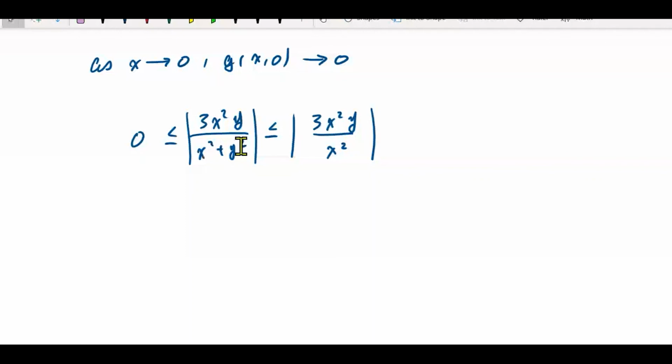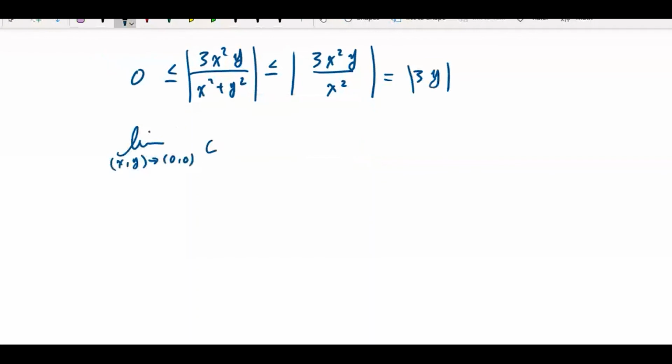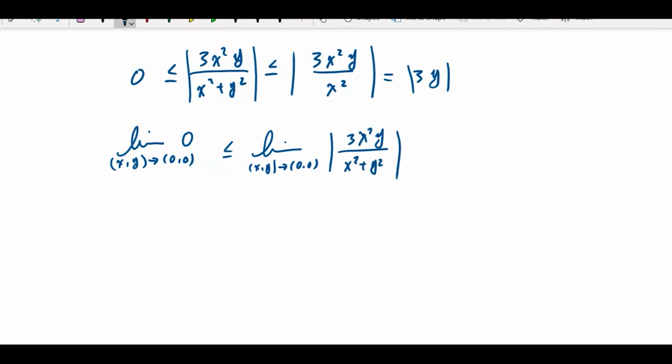Yeah. So now I'm going to take the limit as xy approaches 0, 0 of 0. Why did I put it there? 0 is less than or equal to the limit as xy approaches 0, 0 of that thingy, 3x squared y over x squared plus y squared, and the inequality, limit as xy approaches 0, 0 of 3y.